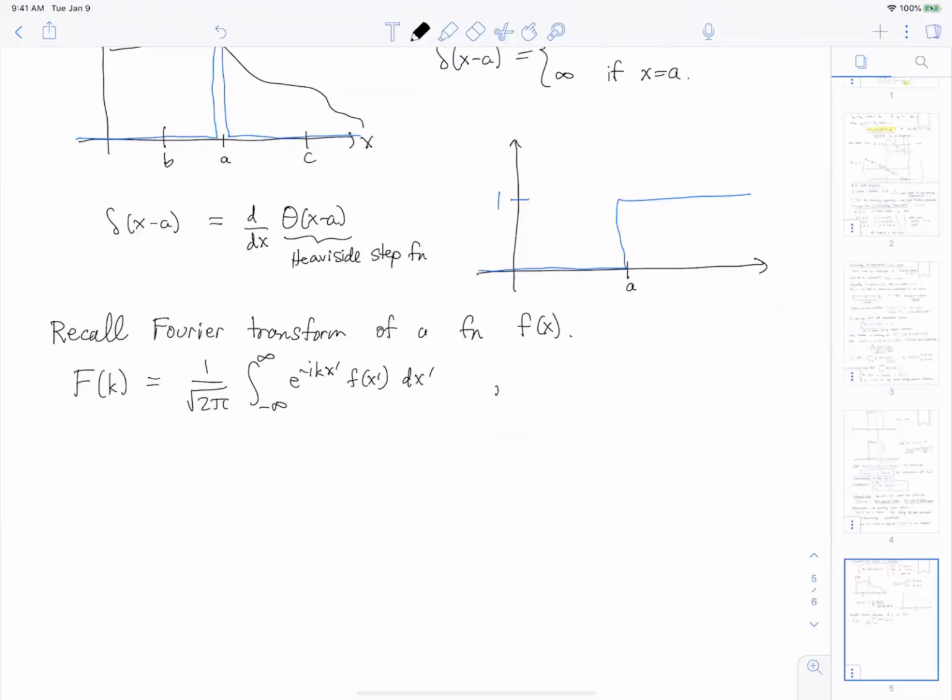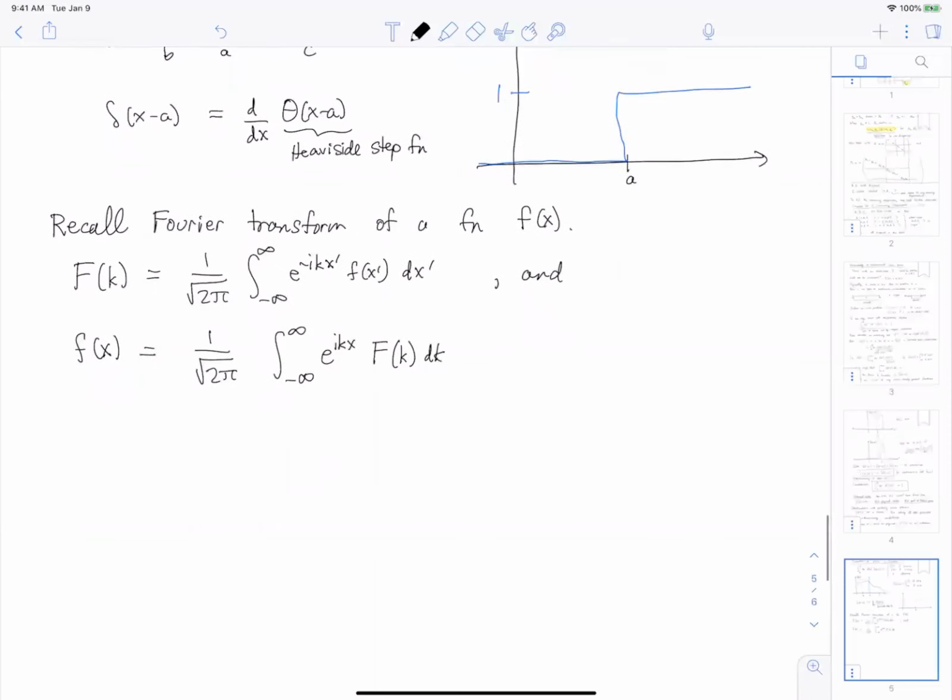And then you get back the function f from the Fourier transform by doing a similar looking integral, but e to the i k x in this integral, and then the Fourier transform function f of k. And you're integrating with respect to k. Okay, so now let's plug one into the other.